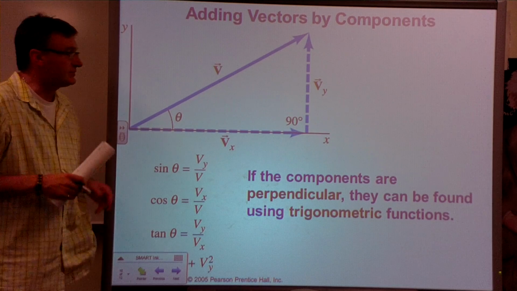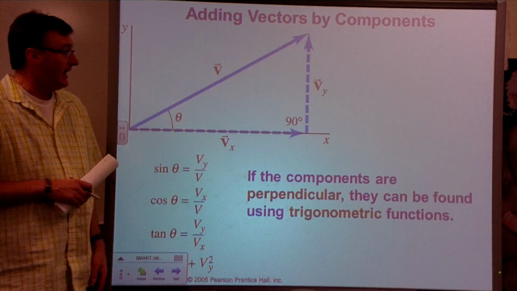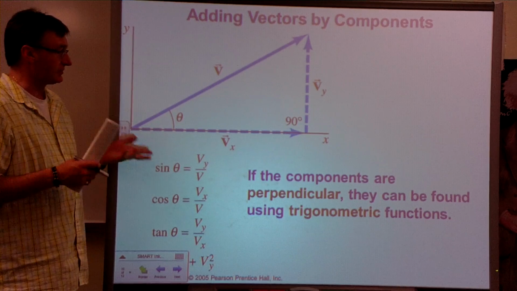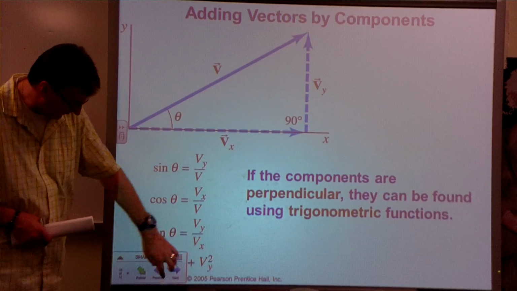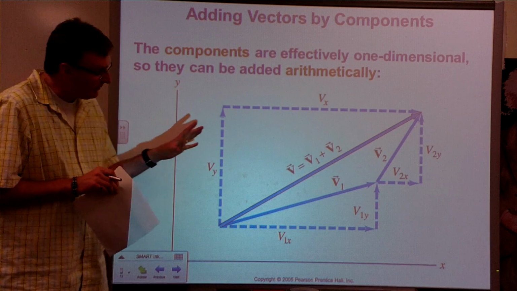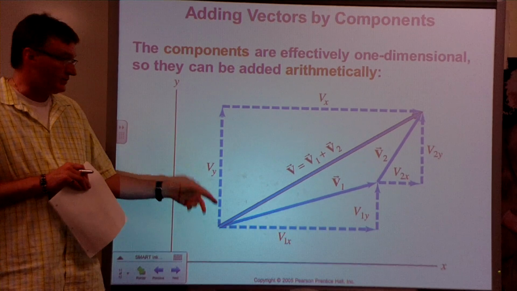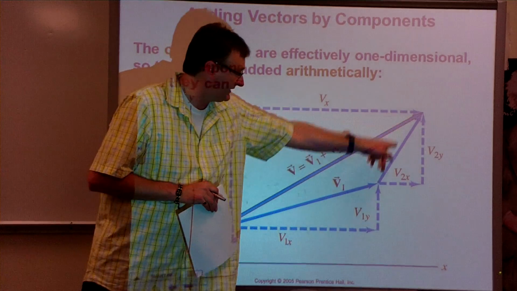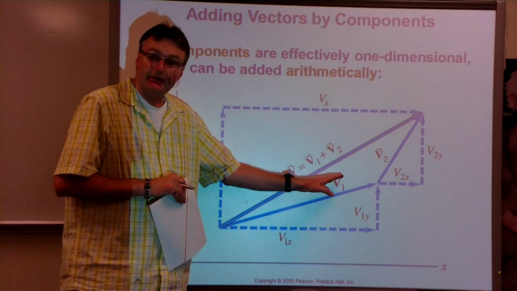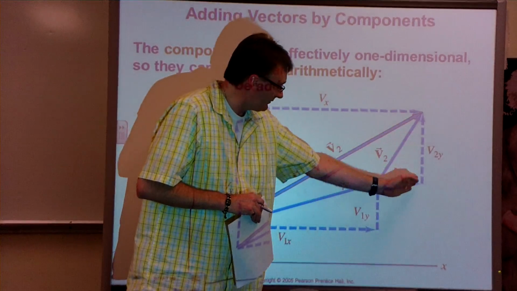So using components, we're just using basic trig ratios, and the components are at right angles to each other. That's why we can use the basic trig ratios and the Pythagorean theorem as well. This may look a little bit messy, but it's really not too bad, because we're adding two vectors together here, v1 plus v2, and all we've done is break the vectors down into their components in the x directions and the y directions.